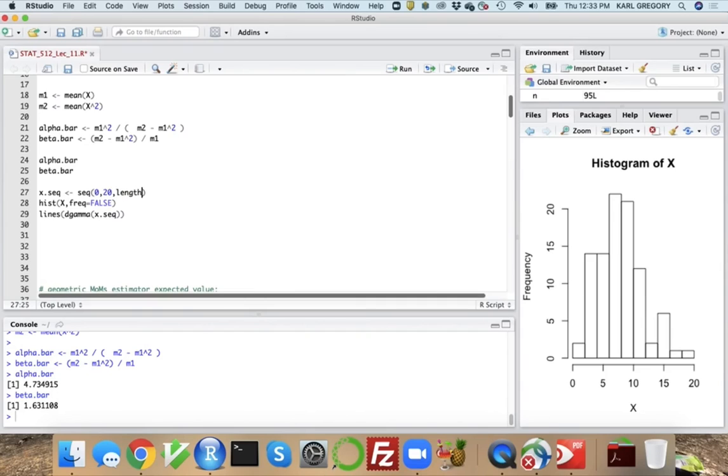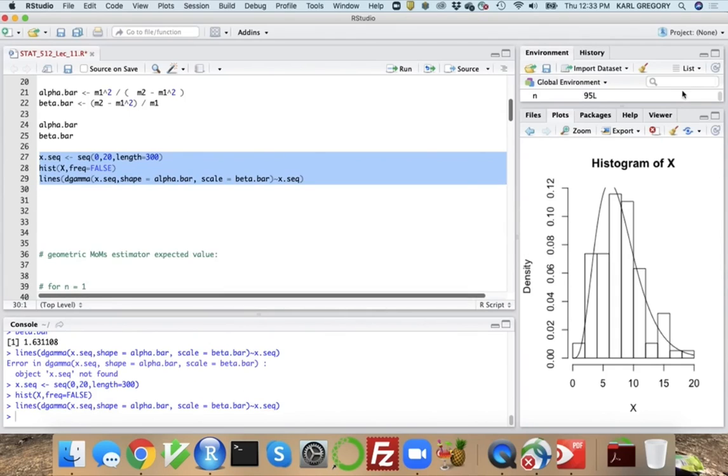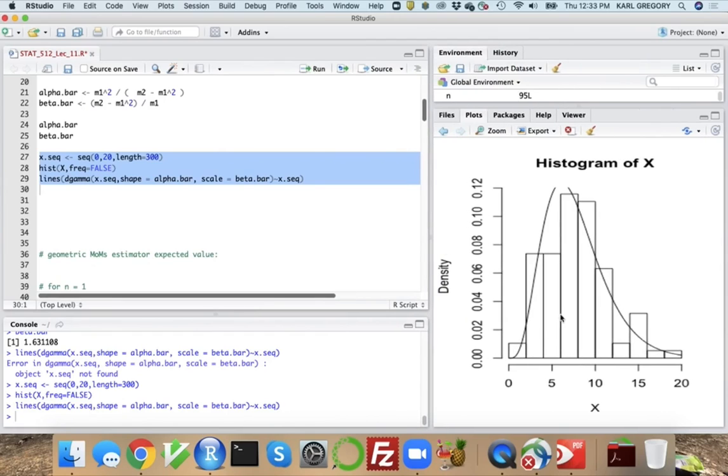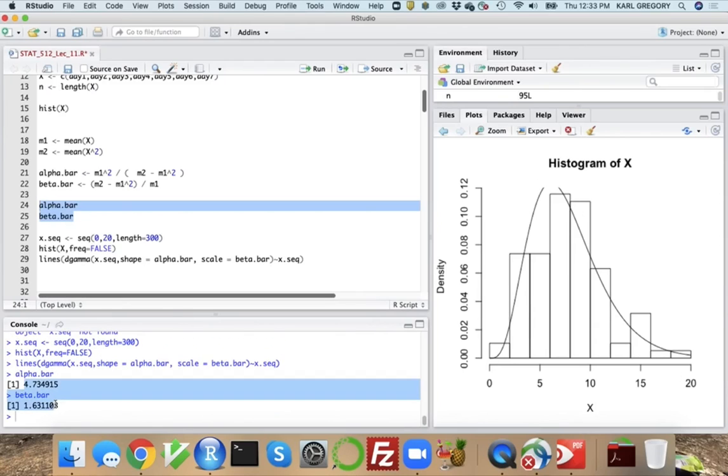Length, let's just do 300. The shape is going to be alpha bar, and the scale parameter is going to be beta bar. Okay, so here we have it. I've got my histogram, and under the method of moments estimators, I get this PDF which is overlaid. That is the PDF of the gamma distribution with alpha and beta given by these numbers.